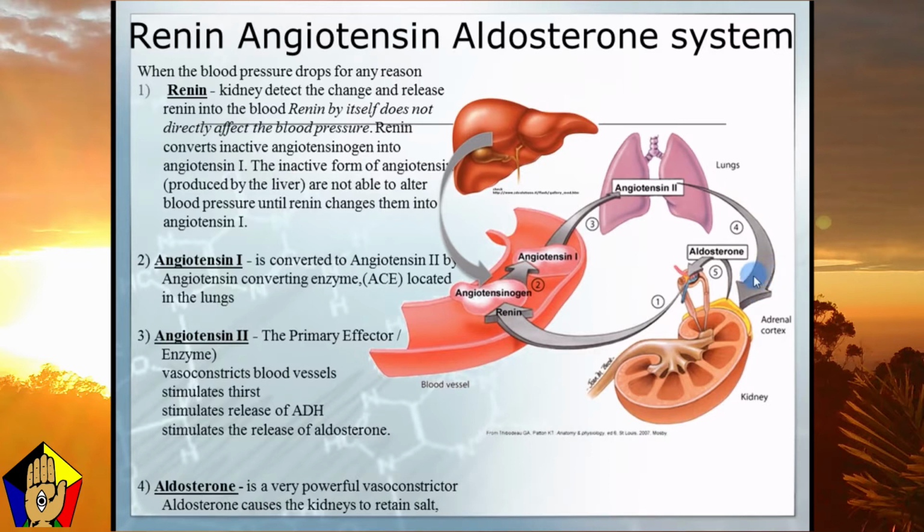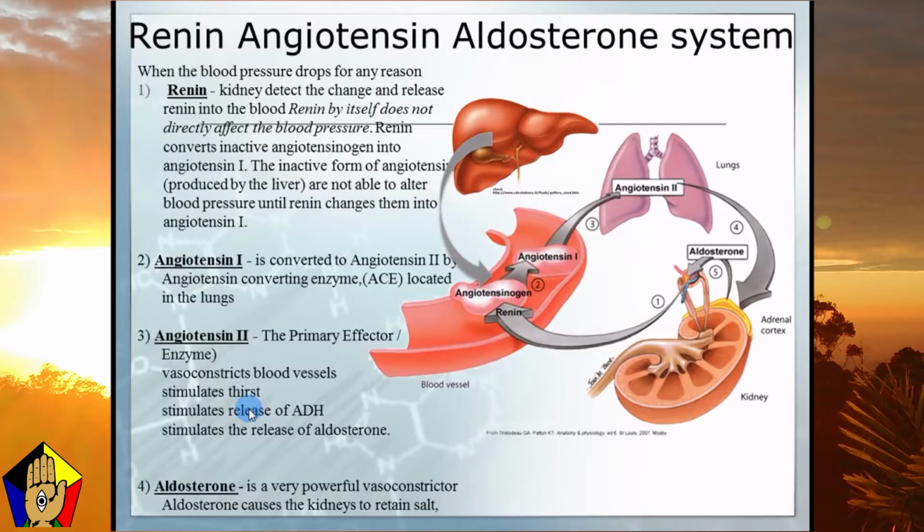It goes to the hypothalamus, makes you thirsty, which means you're bringing in more water, adding it to the blood, raising your blood volume, raising your blood pressure. It stimulates release of ADH at the hypothalamus, which goes down to the kidney, causes you to retain water. So there's lots of processes, and every one of these processes of angiotensin raises the blood pressure. So all of these processes are spiking your blood pressure.